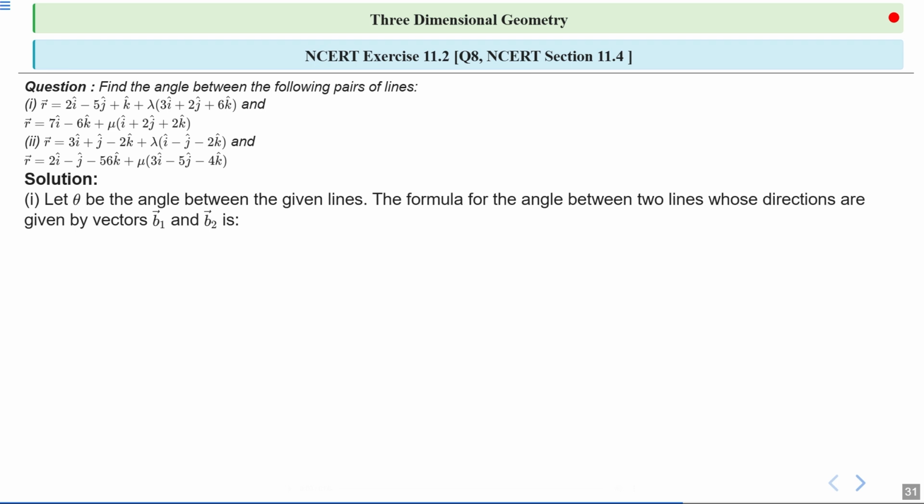The formula for the angle between two lines whose directions are given by vectors b1 and b2 is cos theta equals absolute value of b1 vector dot product b2 vector divided by absolute value of b1 vector times absolute value of b2 vector.